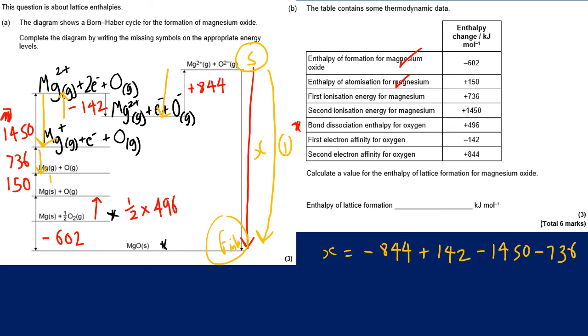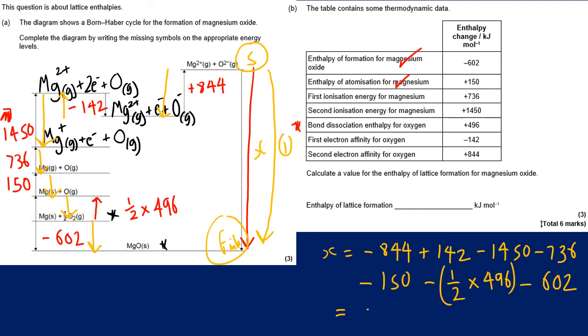Then I'm coming down here, -150. Then down again, which is -1/2 times 496. And then finally, the last step is down here, -602.